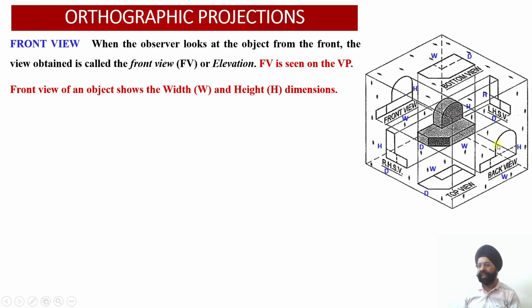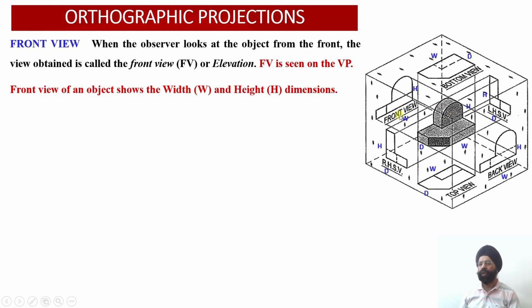When the observer looks at the object from the front, the projection of this object will be obtained on the vertical plane, and the name of this projection is called front view. Why do we call it a front view? Because the observer is looking at this object from the front side, right?